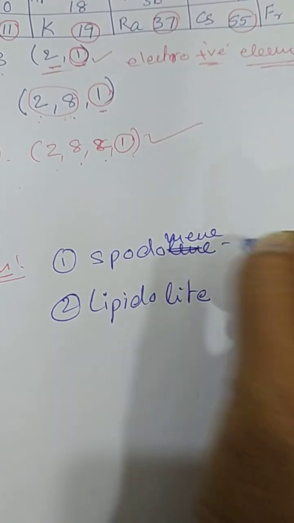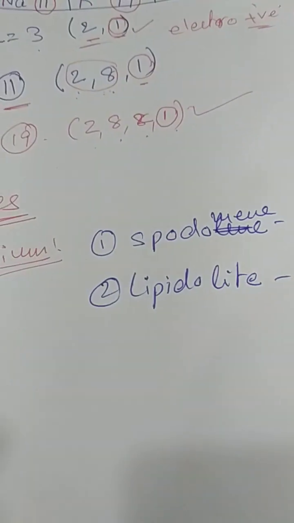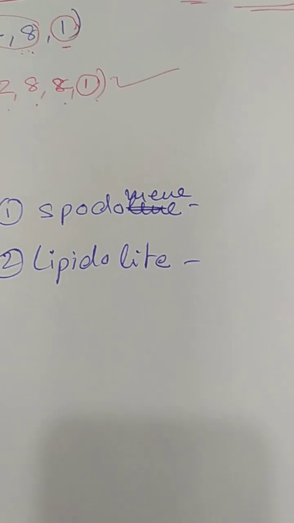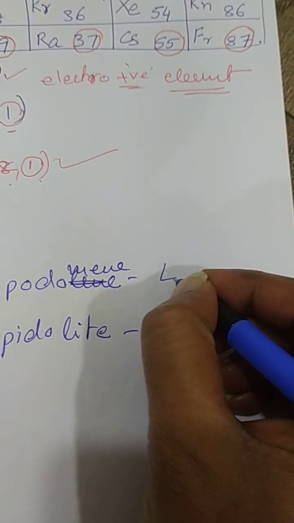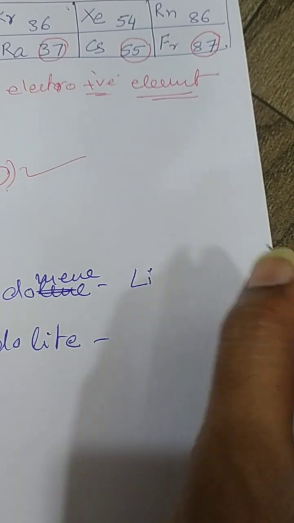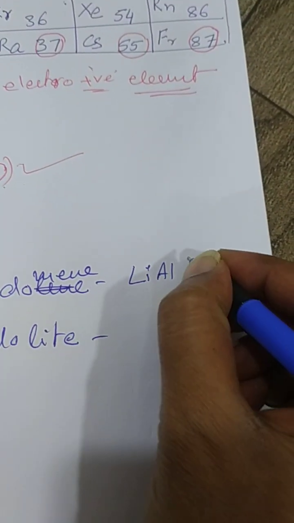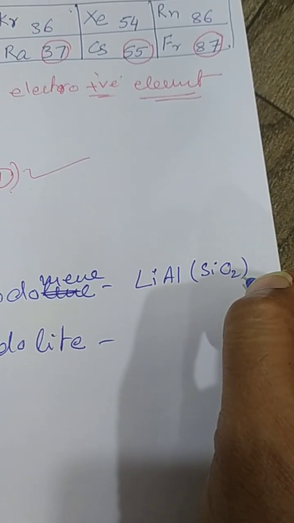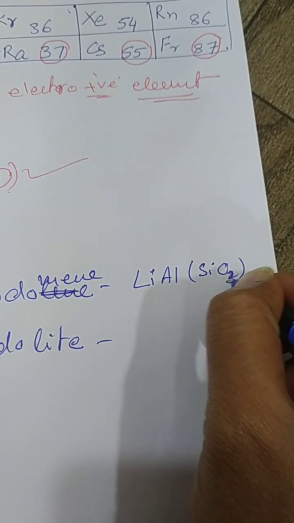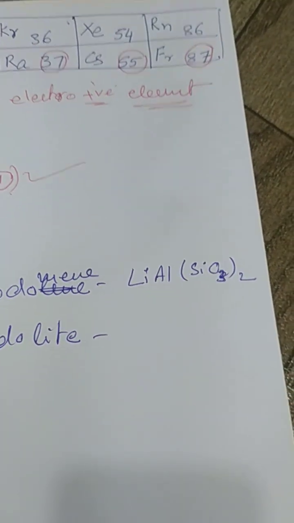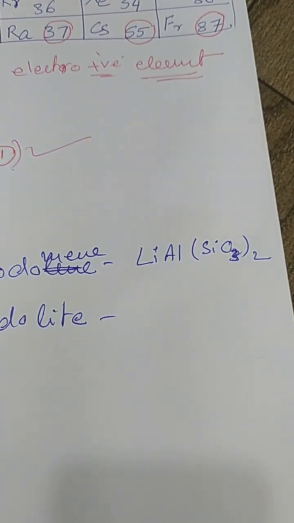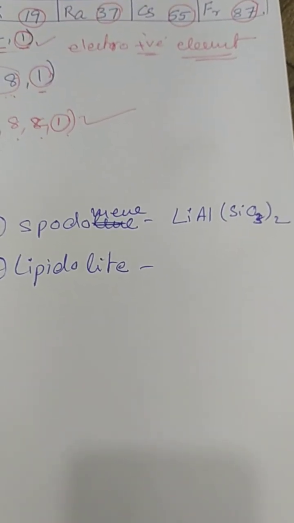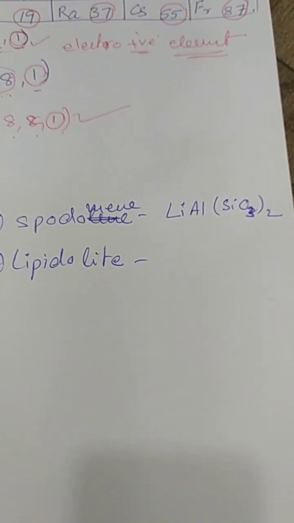Spodumene is nothing but lithium aluminum silicate, LiAlSi2O6. This is an ore for lithium, and it is readily available in nature.